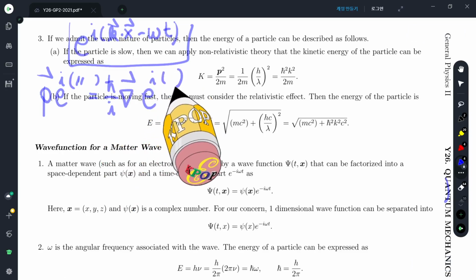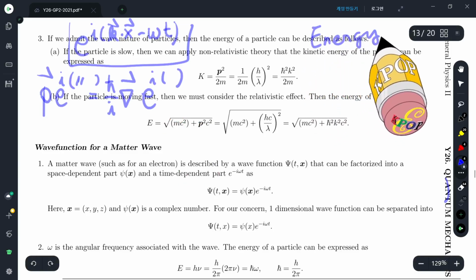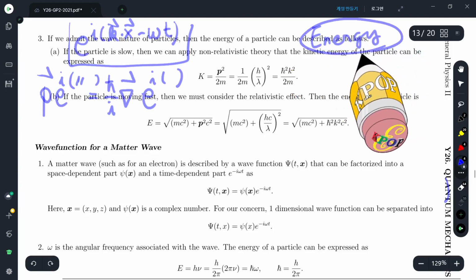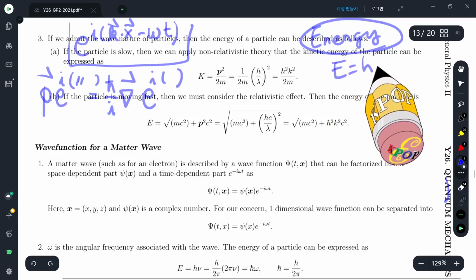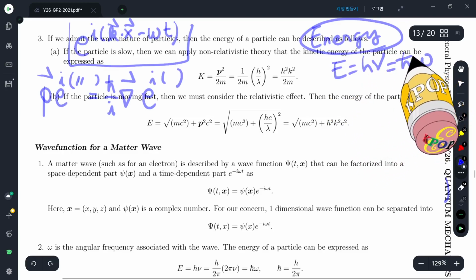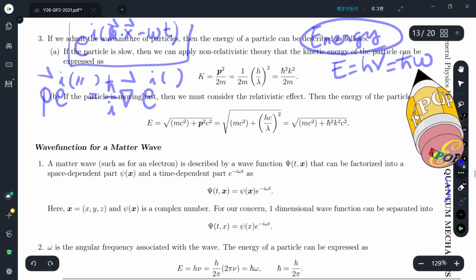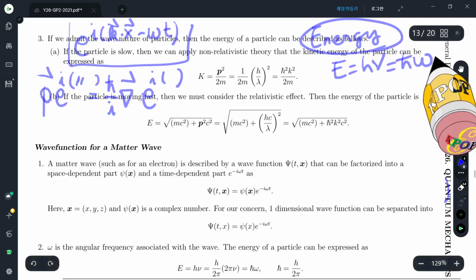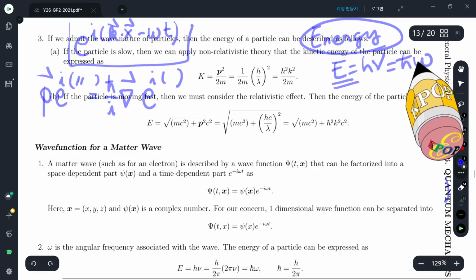In a similar manner, I can read the energy. We begin with the theory of the photon, E equals h nu, and that is h bar omega. Why don't we use this kind of formulation? Energy is the frequency of the wave up to a factor, the reduced Planck constant.